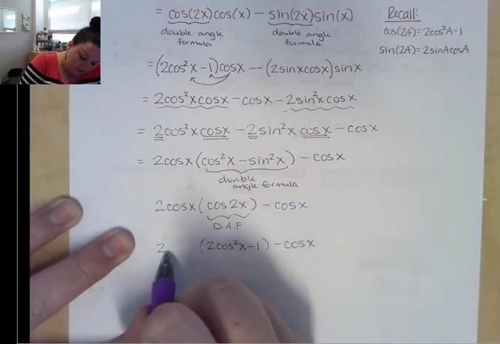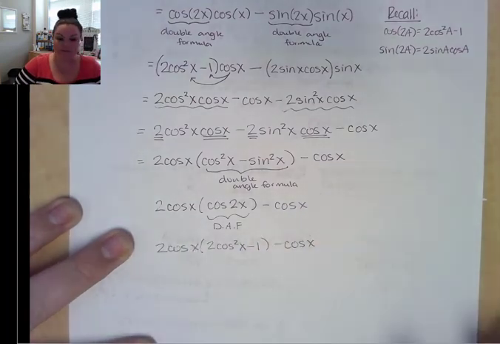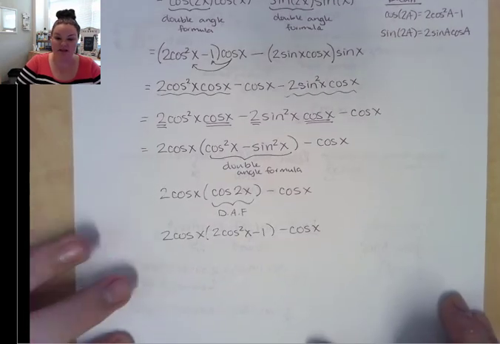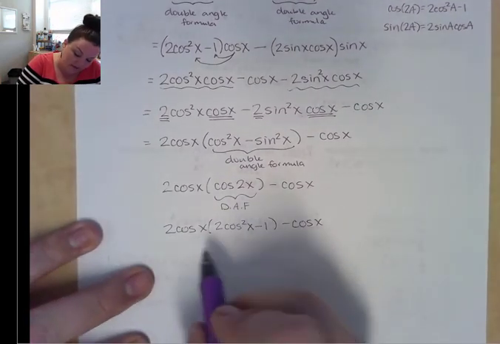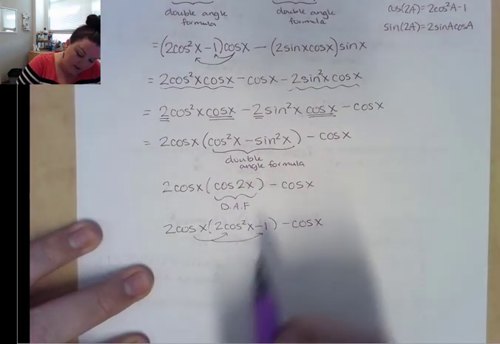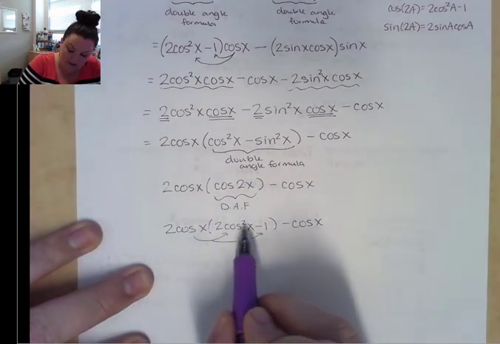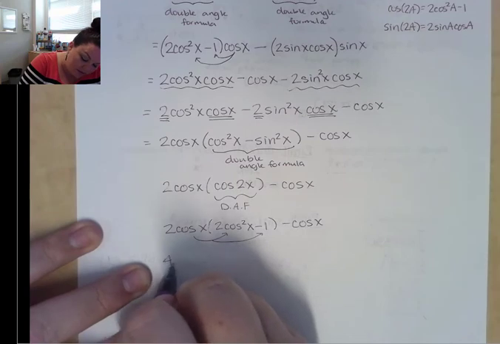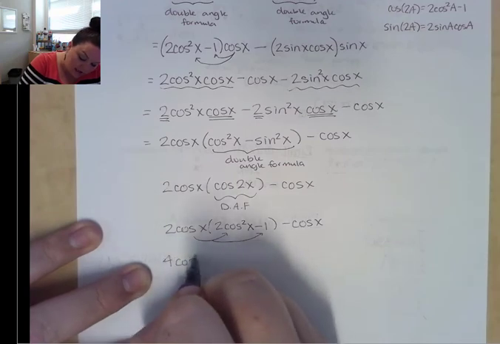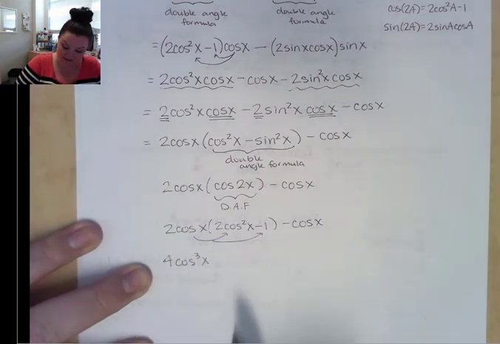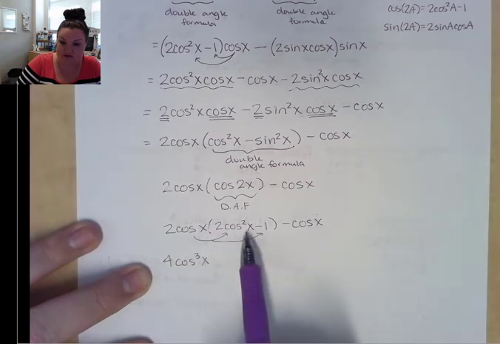So this is going to give me 2 cosine squared x minus 1, and then I have a 2 cosine x here. Okay, so let's just simplify this as much as we can. If I distribute this in here, then I end up with 2 cosine x times 2 cosine squared x, which is going to be 4 cosine cubed x, right? Because I have a cosine x times a cosine squared x.